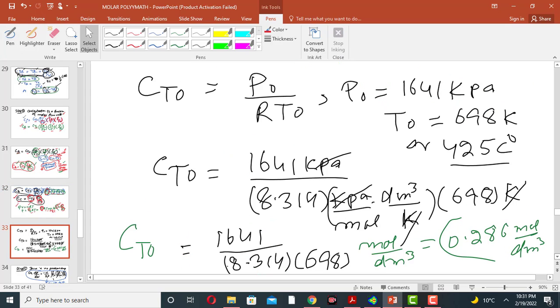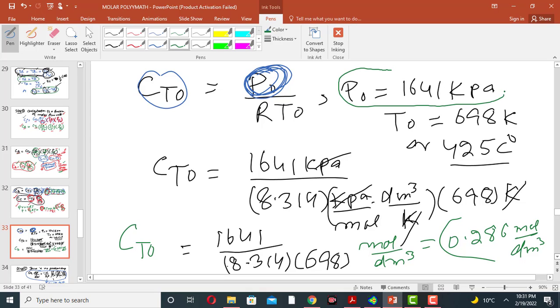But what will be Ct naught? Ct naught will be equal to P naught, the initial or entering pressure of the nitrosyl chloride, or nitrogen oxychloride, which is entering the plug flow reactor. And what is the pressure? It is 1641 kilopascal. R is given to us, the universal gas constant, whose value is 8.314.